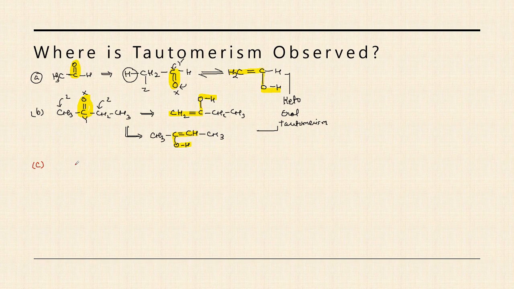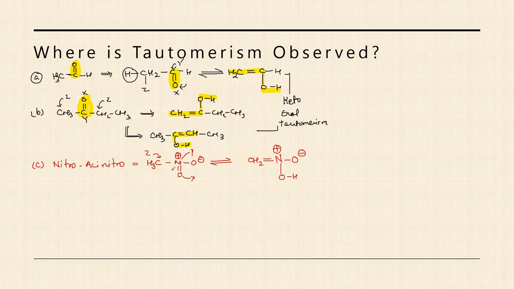Next one is nitro-acinitro tautomerism. Take a nitroalkane, CH3N double bond O minus, this is plus. So this one will become X, this will become Y, this will become Z, and so your tautomeric form will be CH2 double bond N, oxygen with a negative charge, and there will be OH.